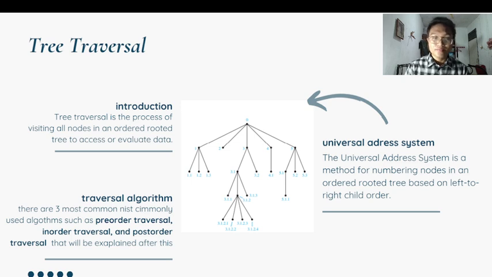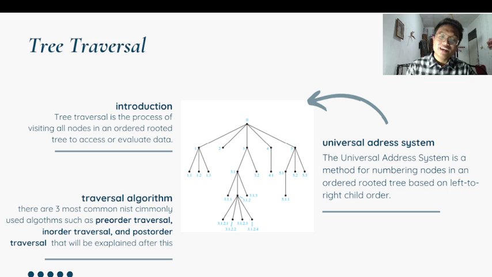And then again, in tree traversal, there will be a traversal algorithm, which is the method of how we will traverse the tree. The three most common algorithms are pre-order traversal, in-order traversal, and post-order traversal.